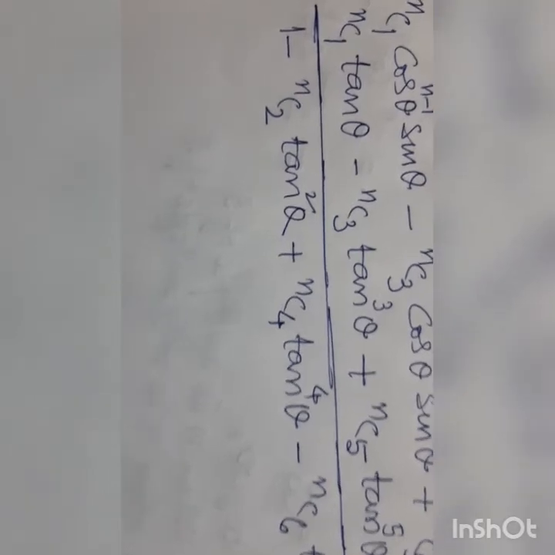And the denominator is 1 minus nC2 tan square theta plus nC4 tan power 4 theta minus nC6 tan power 6 theta plus so on. Alternate signs, and it will begin with 1 minus, and nC2, 4, 6, even numbers will be coming, and signs are alternately changing. This property you have to observe.